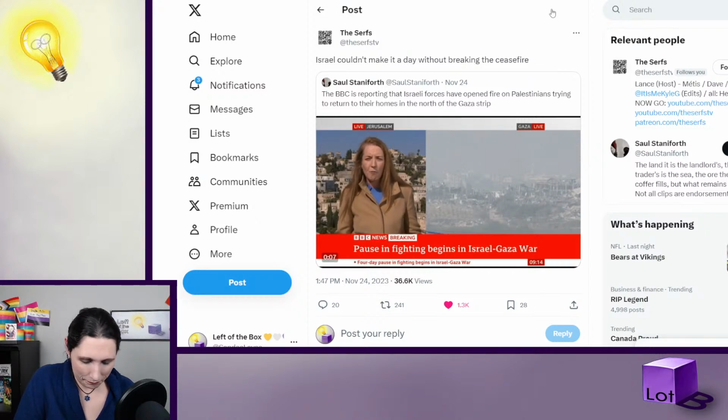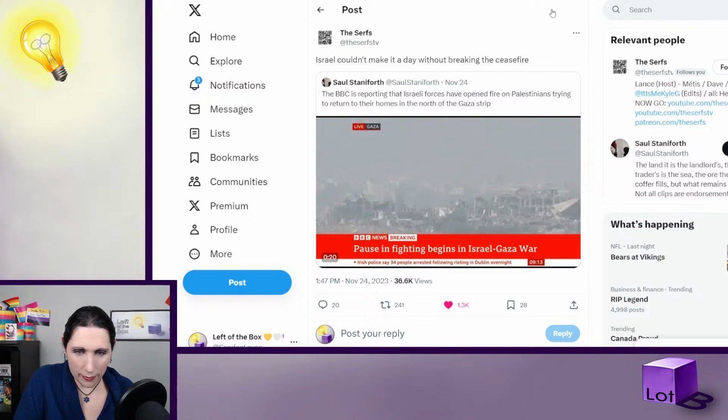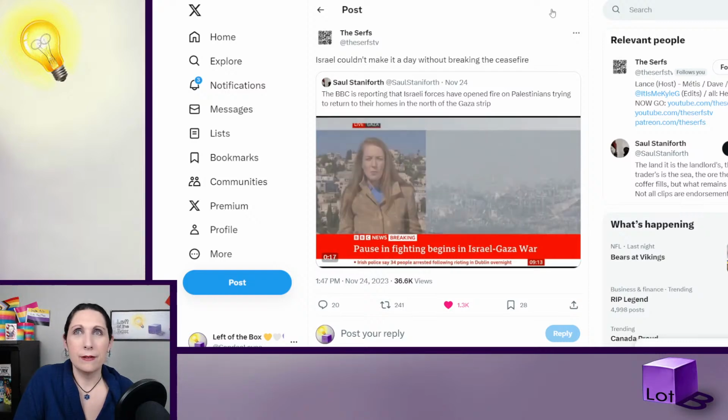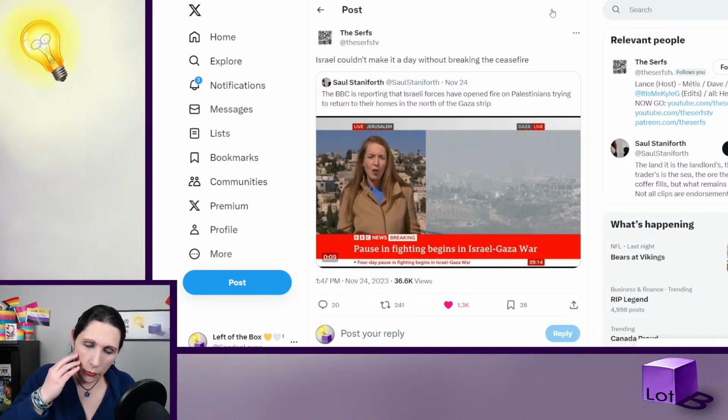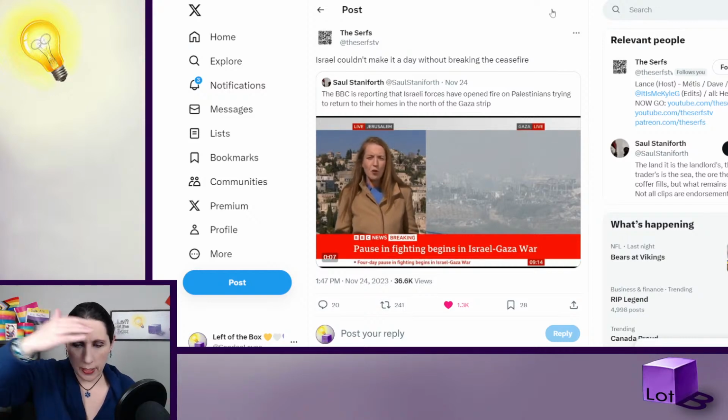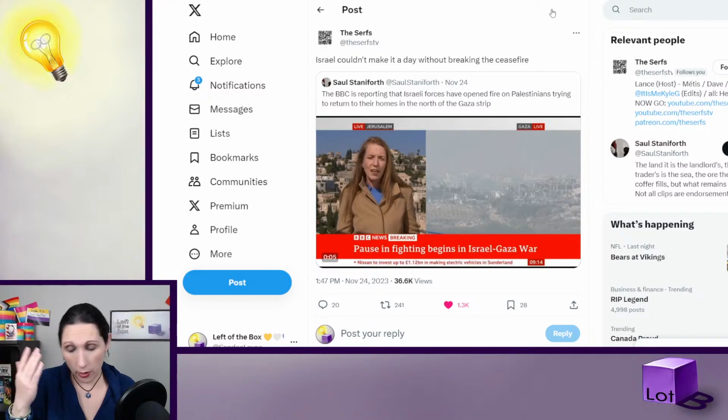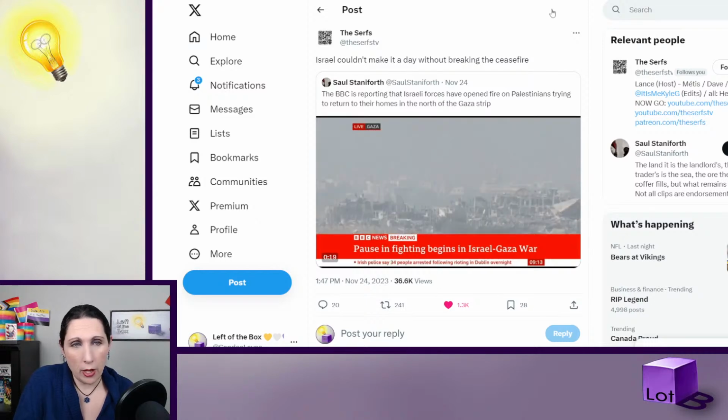They're releasing the prisoners into an area that's being bombarded with bombs. And people who are trying to go back to northern Gaza to get some of their belongings or try to find their missing friends and family are being shot at, attacked.